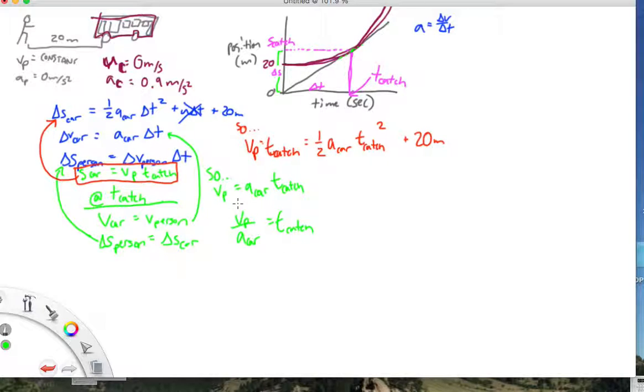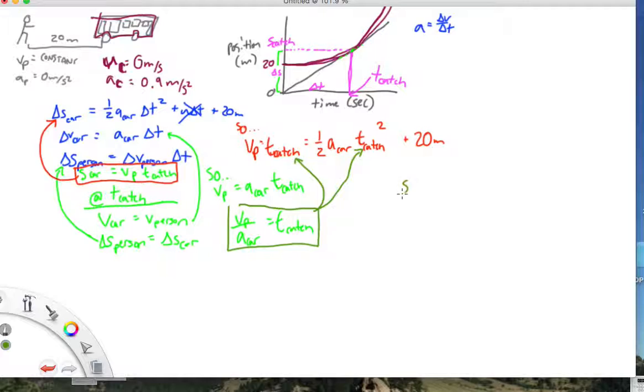Okay, I'm going to take this equation now. We need a different color. This equation now, I'm going to replace every time I see t catch with VP over a car. So this is what it's going to look like now.